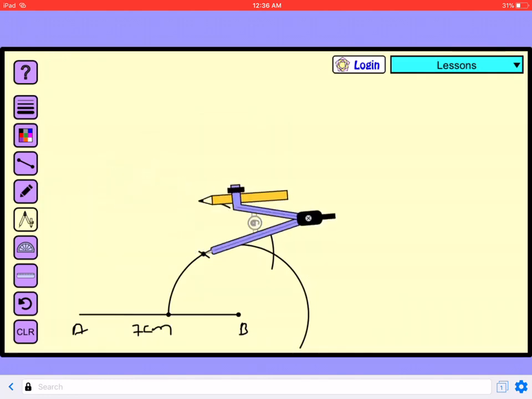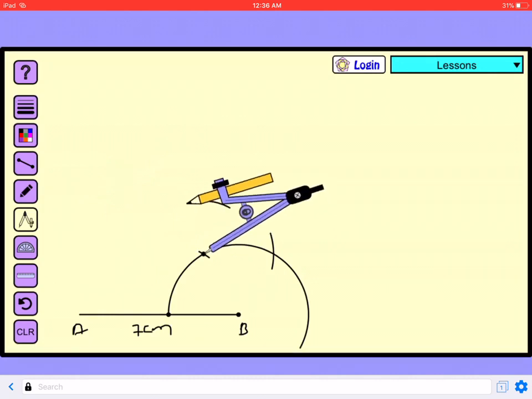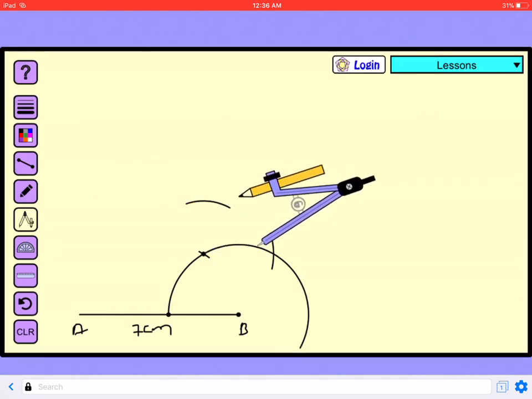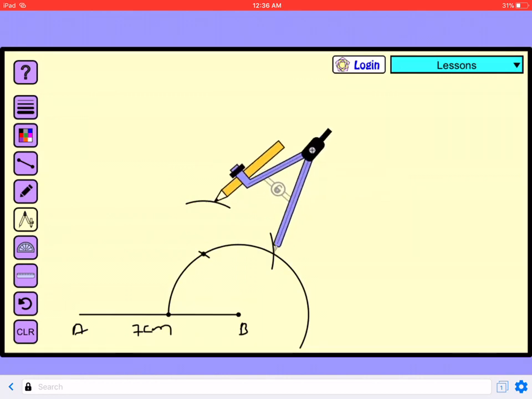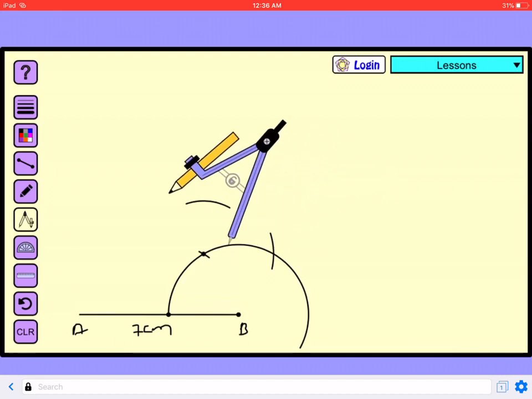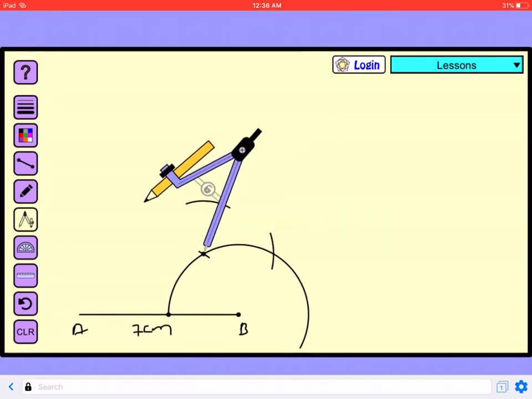Now this 60-degree part, we divide it, so we will get 30 degree. So 60 plus 30 equal to 90 degree. So here we construct the 90-degree angle by bisecting this second 60-degree part of this semicircle.